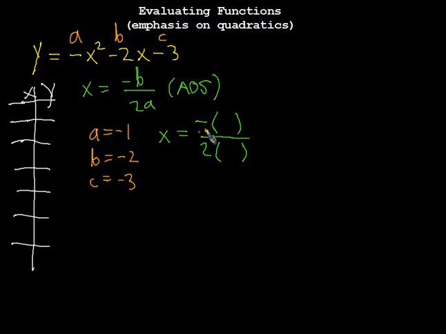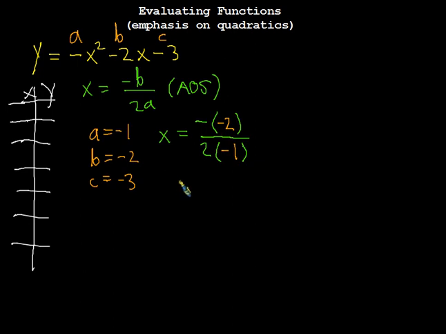So for b, since it's -2, we'll plug -2 into the set of parentheses. And for a, since it's -1, we'll plug -1 into our set of parentheses. This should make it a little more straightforward what the sign will end up as when we're finished here.